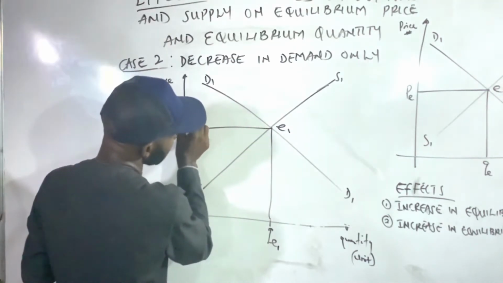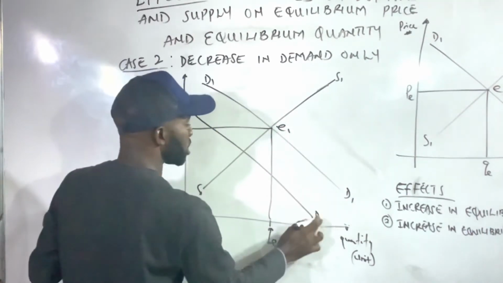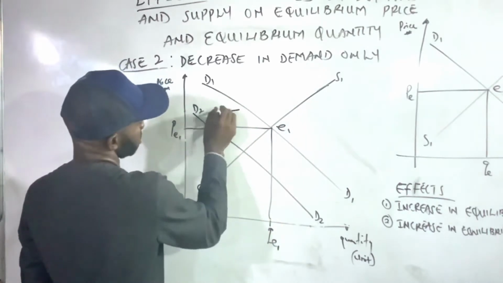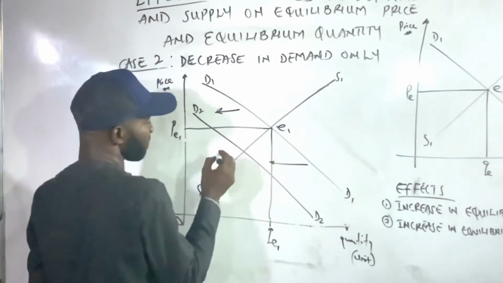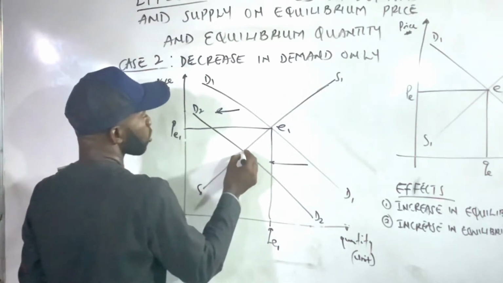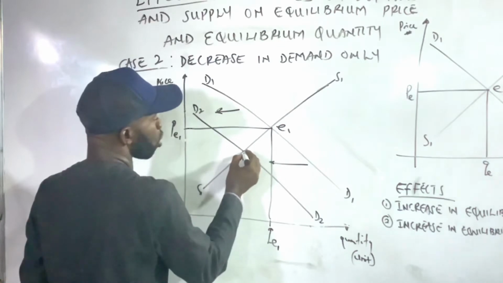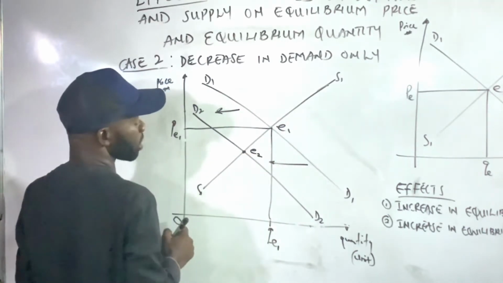A leftward shift of the demand curve goes this way. That gives us our D2, D2, and then, of course, leftward. When we have that shift to the left, we're considering the interaction between the new demand curve and the old supply curve, which gives us our second equilibrium point.